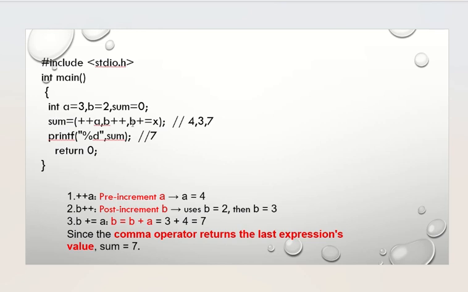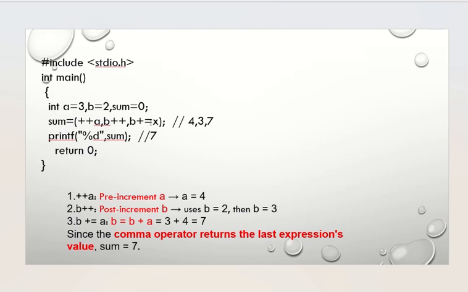Next, b++. What is the value of b? 2. So post-increment, the value will be 3. We are not going to print here, but the value is changed and it can be used in other statements. Since it is a comma operator, we are treating this as a next statement.